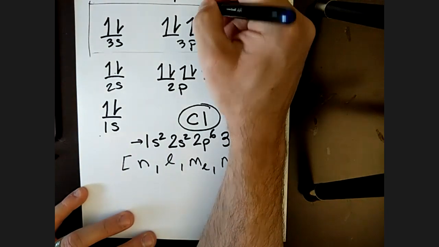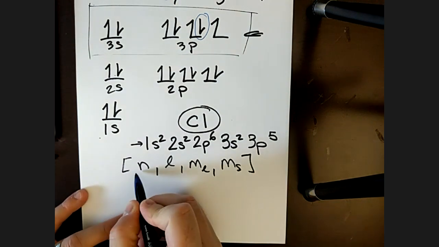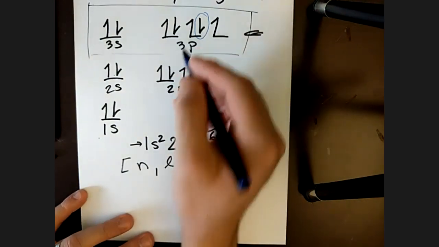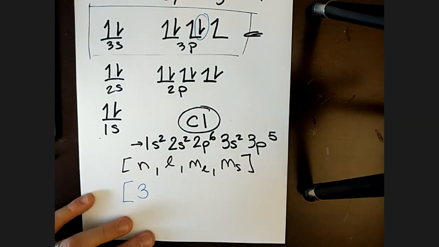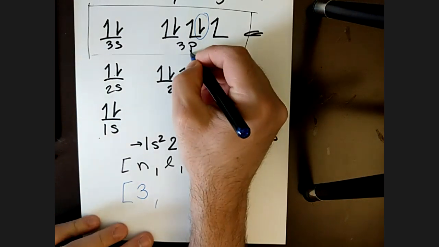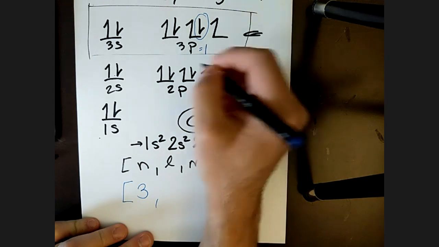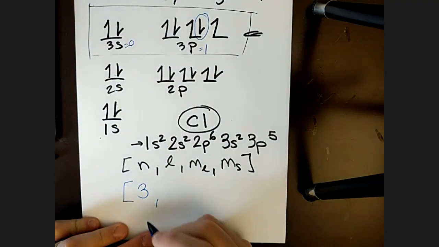This is the last electron, right? That's the one we're interested in. So the question is, what are the quantum numbers for that electron? It's in the 3rd energy level, okay? It's in the p orbital, so when we're doing the quantum numbers, the p value is 1, s is 0, d is 2, and f is 3, right?